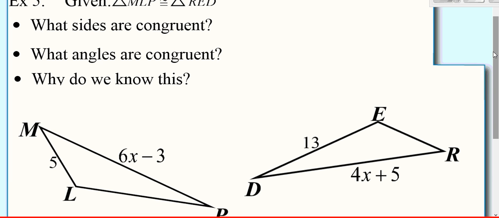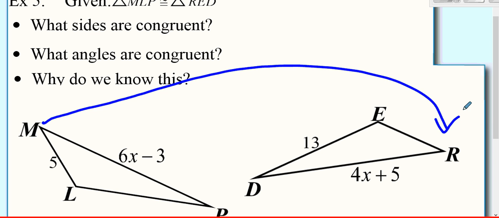This one's a little bit harder because when we look at these, they're not matched up. It's not a translation straight over. It's a rotation. In order to make these match up, you have to rotate the whole thing, maybe about 180 degrees clockwise.